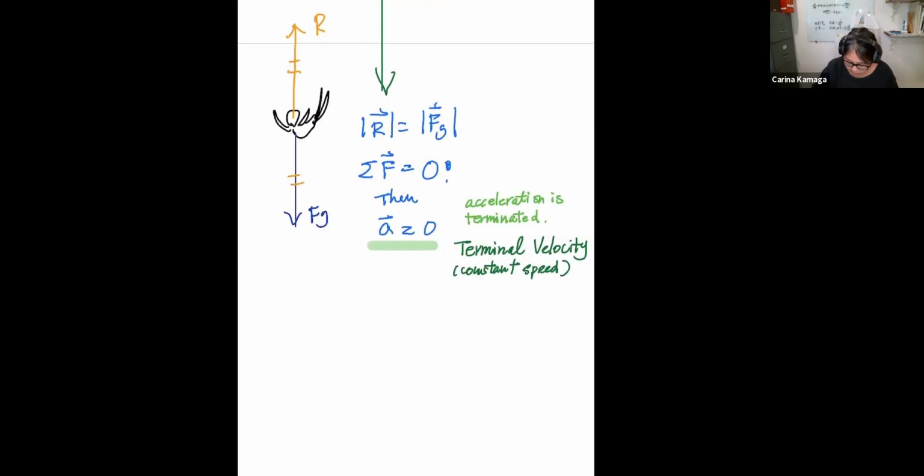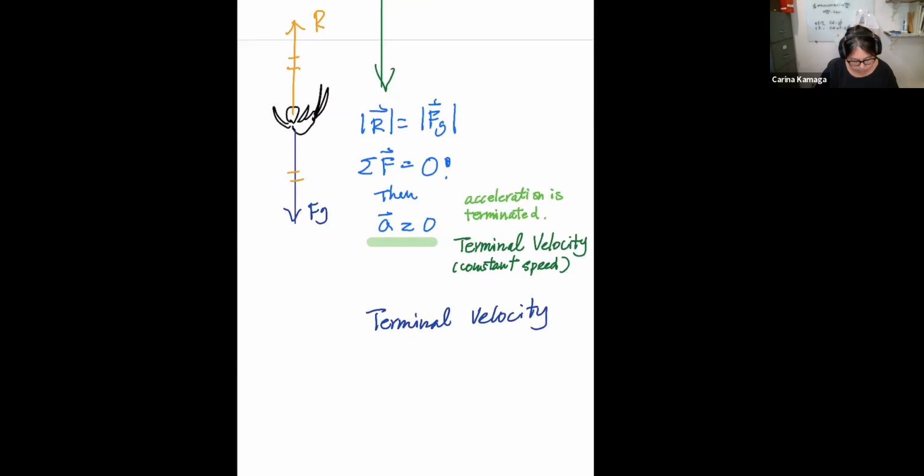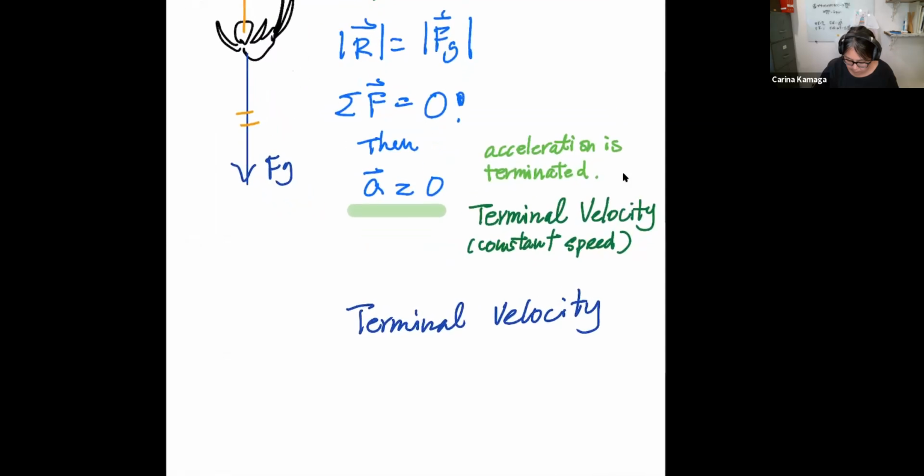Terminal velocity is the speed of a falling object when its net force is 0.